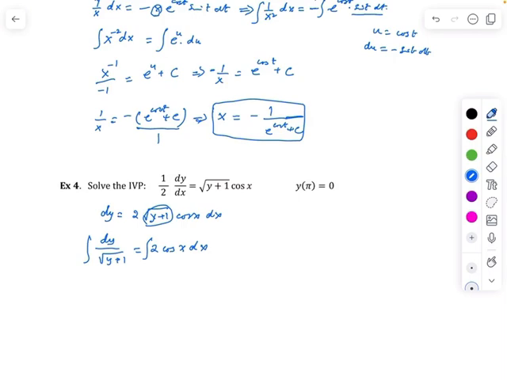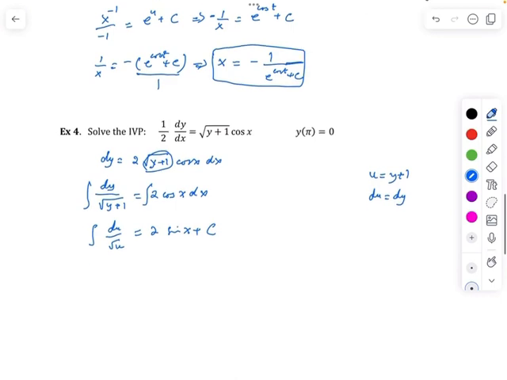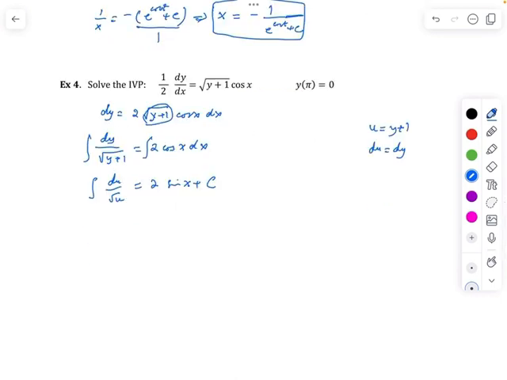On the left hand side, we can take u equal to y plus 1. So du will be equal to dy. Simple. So your integral becomes the integral of du over square root of u, equal to 2 times sine x plus c. The left hand side gives, remember this will be u to the negative 1/2 du.